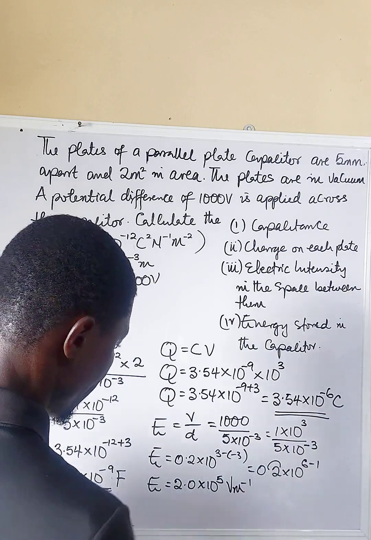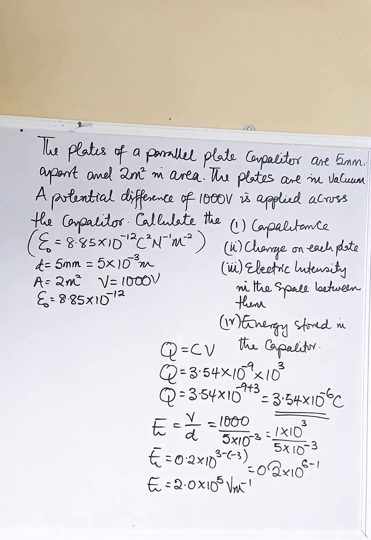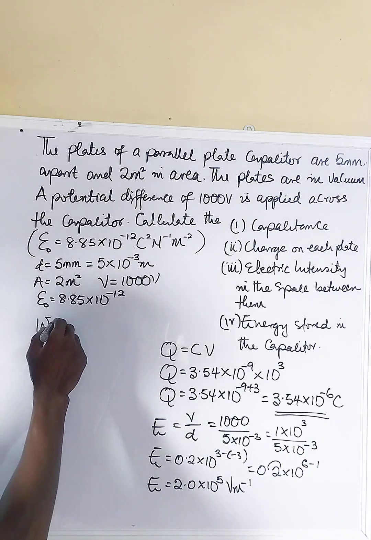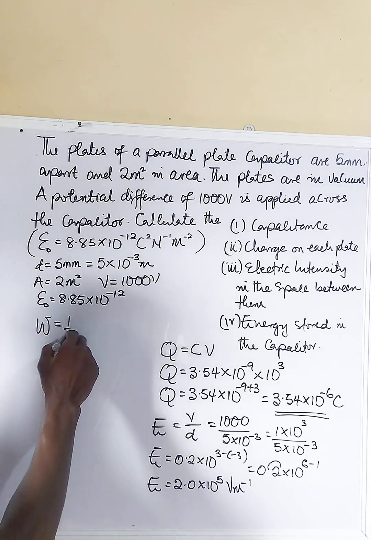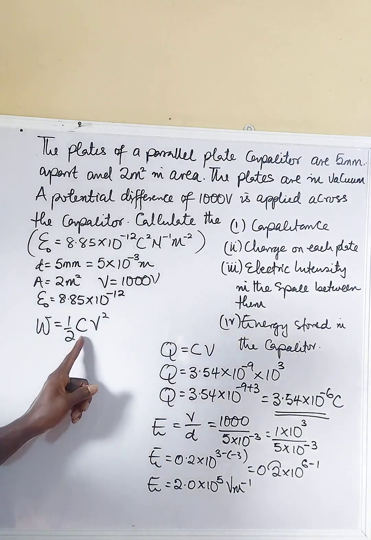volts per meter. Now we take the last one, which is the energy stored. The energy stored, W, equals 1/2 CV squared.